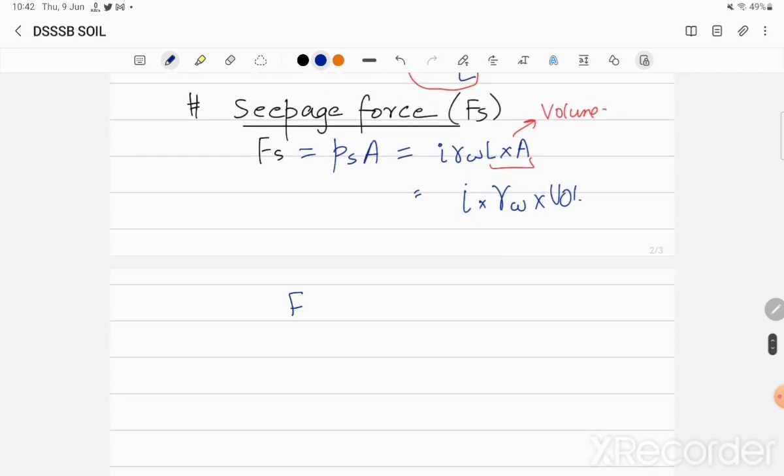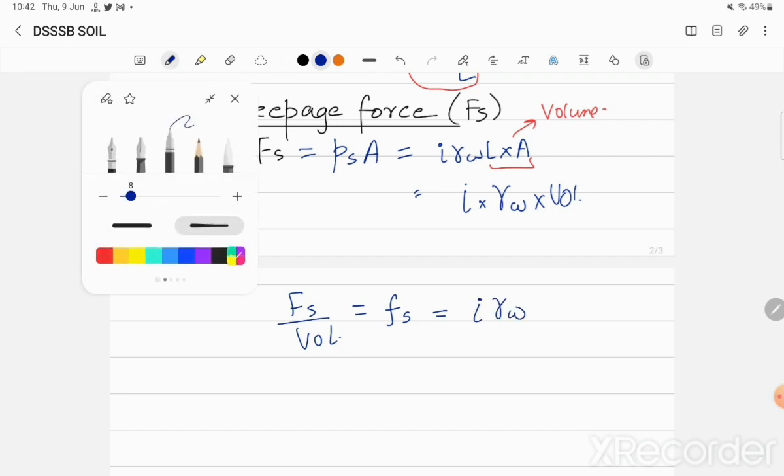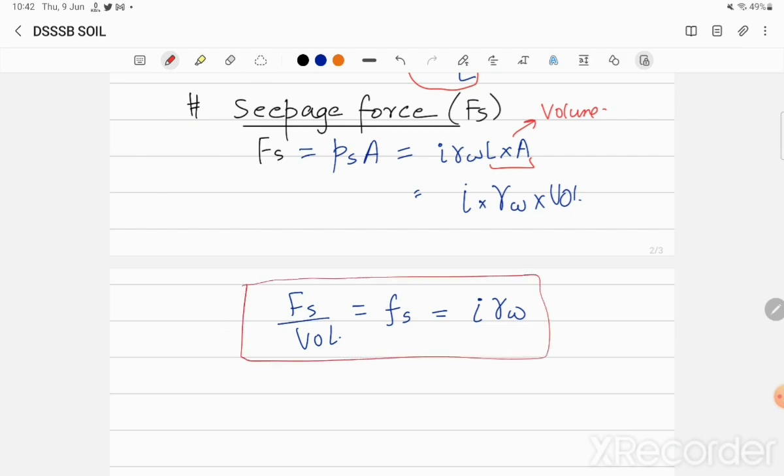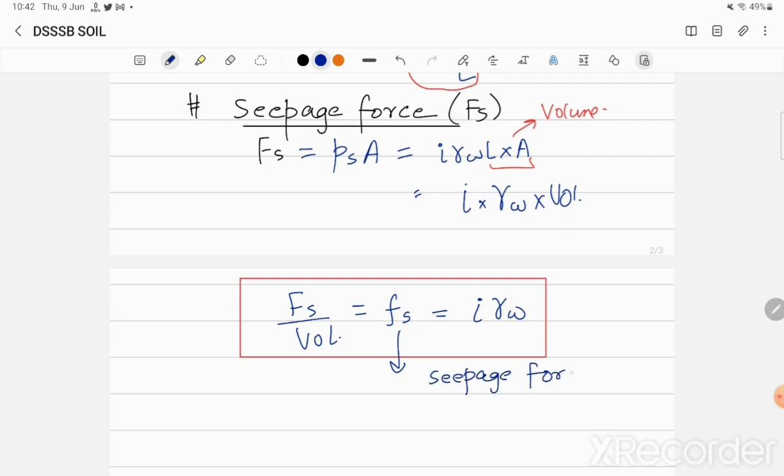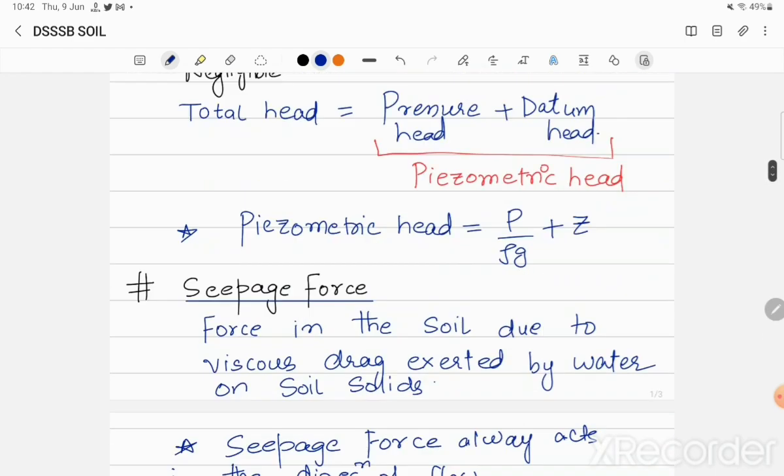Now force per unit volume, that is seepage force per unit volume, is considered as small fs. It is written as i gamma w, where fs is seepage force per unit volume. In the next lecture, we will see effect of seepage flow on effective stress.